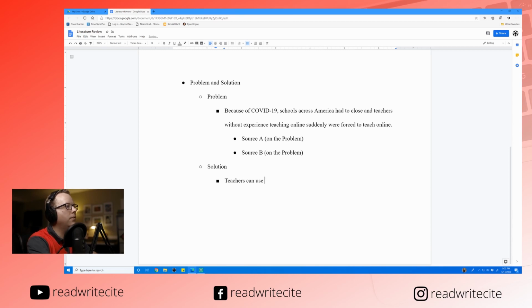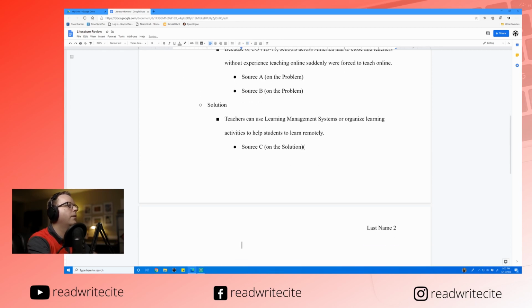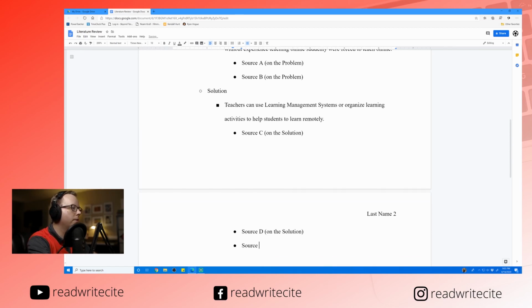Teachers can use learning management systems to organize learning activities to help students to learn remotely. I'm just making this up as I talk about this. Okay, and then now let's say we have source C on the solution, source D on the solution, and source E on the solution.